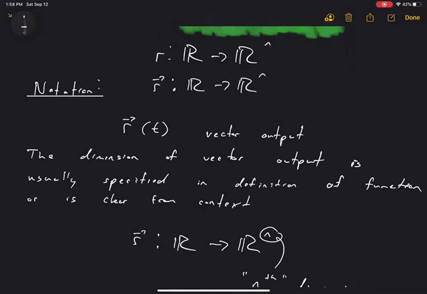Now, when we were doing our usual thing from R to R, I wrote f(x) = y. Instead of writing f(x), I'm going to be writing r(t). So this is just my function, and then I'm plugging t into that function, and t is just some number, some scalar.